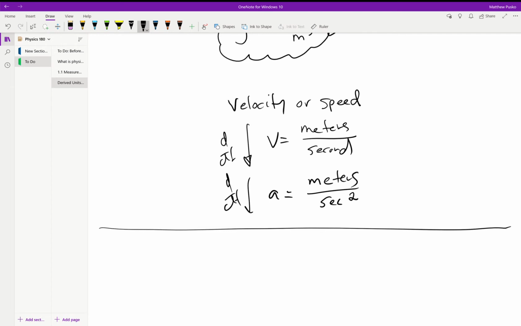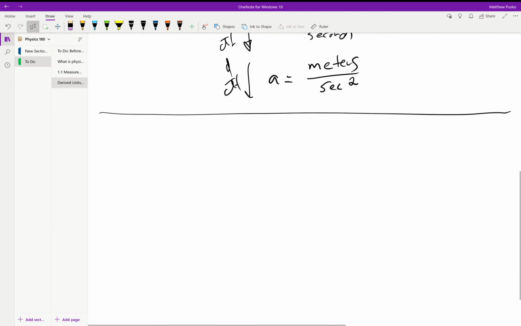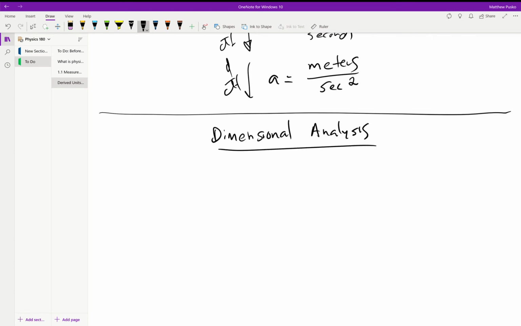Also, I want to go over how powerful dimensional analysis can be. What is dimensional analysis? Well, I think if I do an example real quick, then I can get that for you.